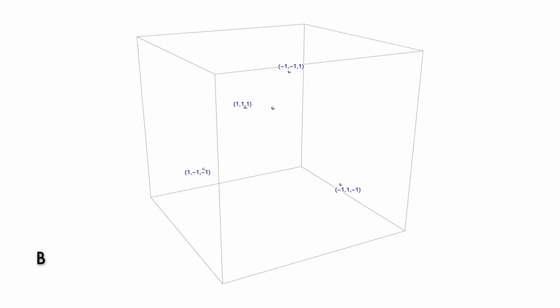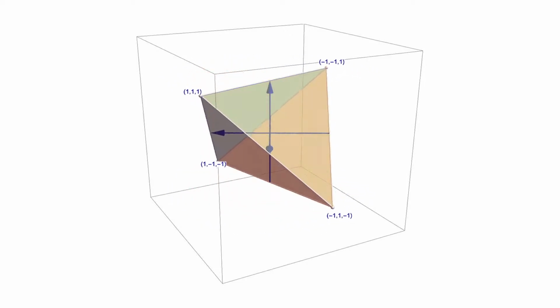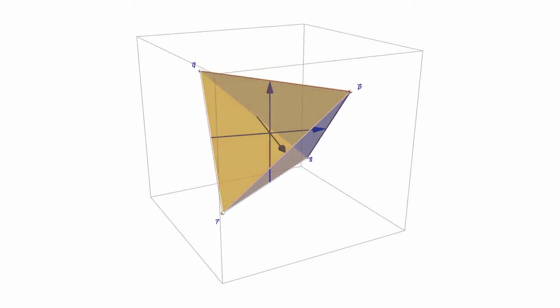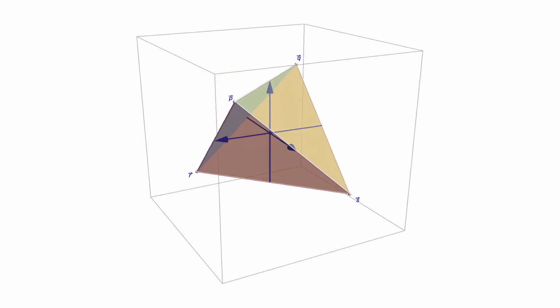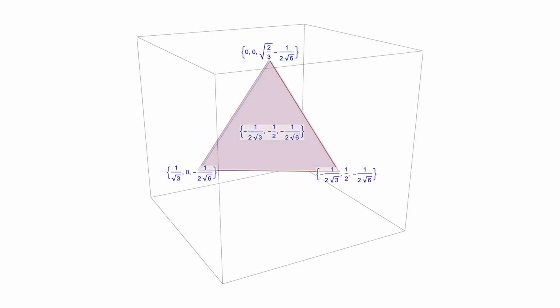As an example, we're now going to look at the orbit of the point 1, 1, 1. First under B, then following B by A, and then following that by another A. The 4 points we get form the vertices of a tetrahedron, and we can label them P, Q, R, and S. These coordinates make much more sense than the standard coordinates for the vertices of the tetrahedron.